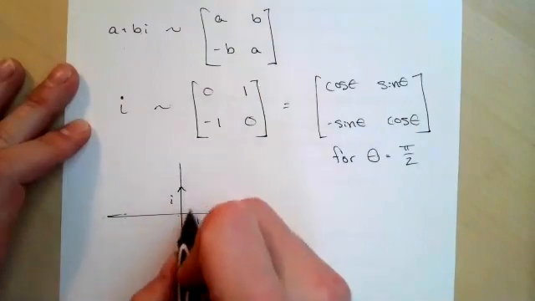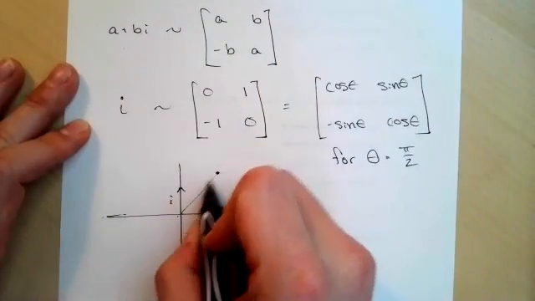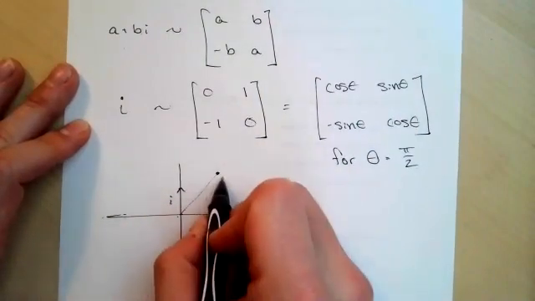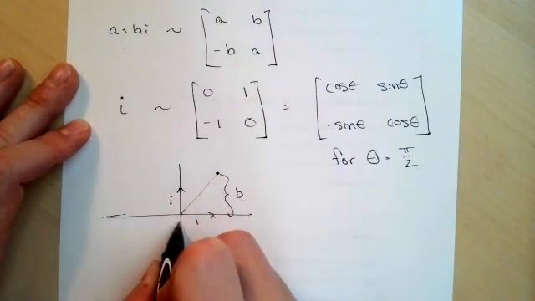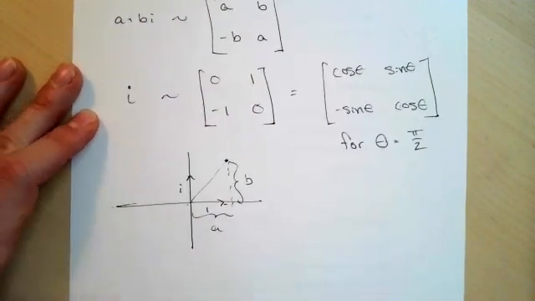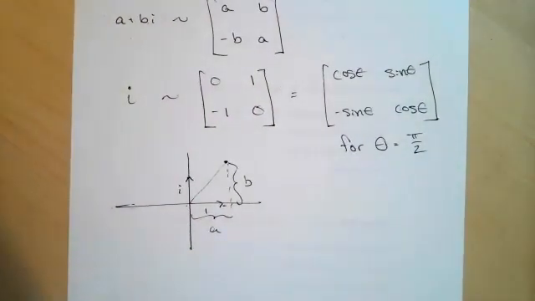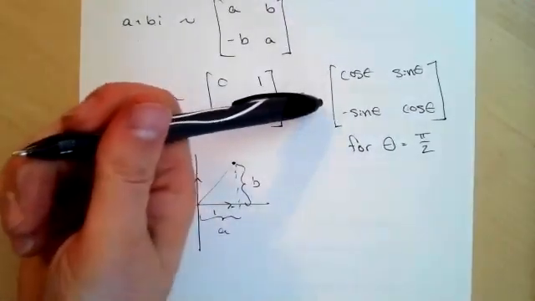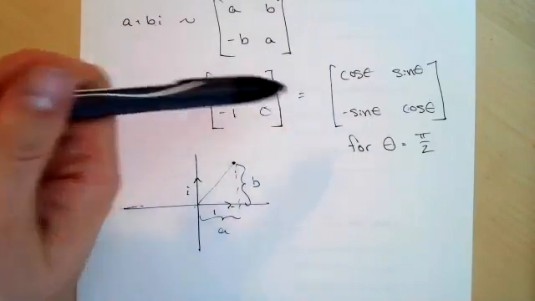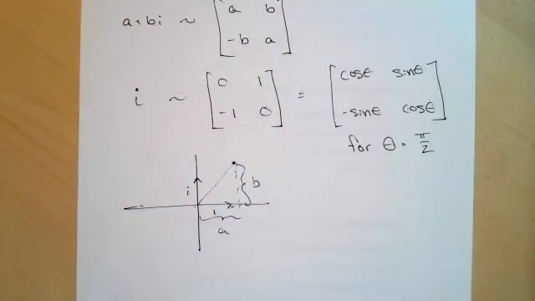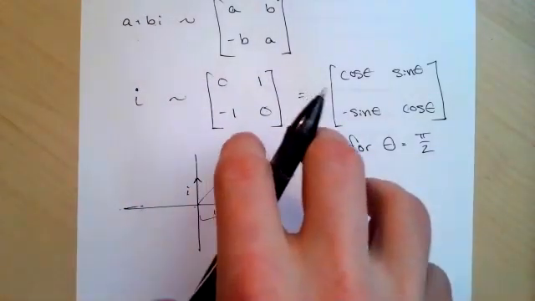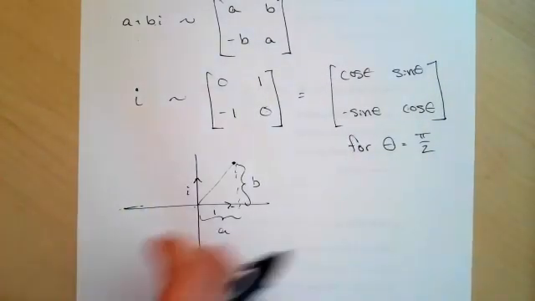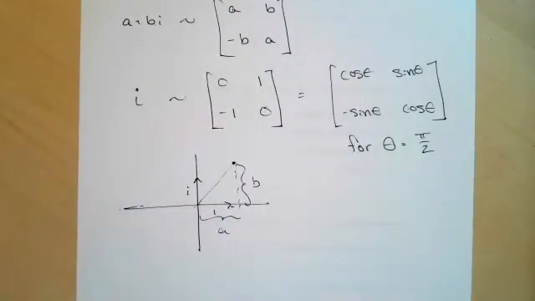And so a plus bi is going to be a vector with b on this side and a on this side. And when we multiply by complex numbers, it's just multiplying by this matrix essentially, meaning that when we multiply a number by i, it corresponds to rotating that number in the plane by 90 degrees. So good stuff there. Take a look at it in the book.